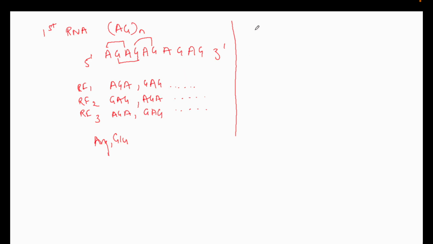Okay, so in the second RNA sequence we have AAG n times, and this is also in the 5 prime to 3 prime direction. So we have AAG repeating.